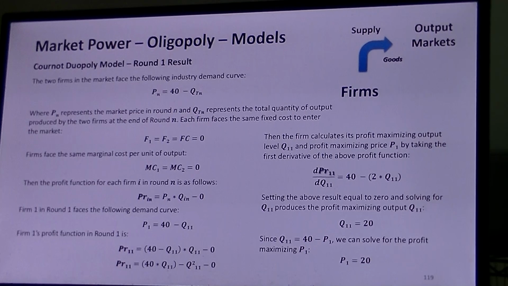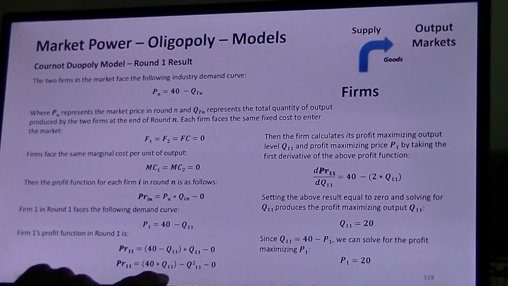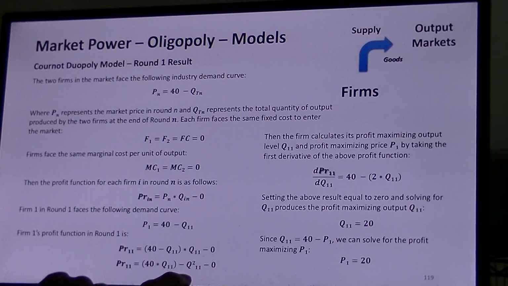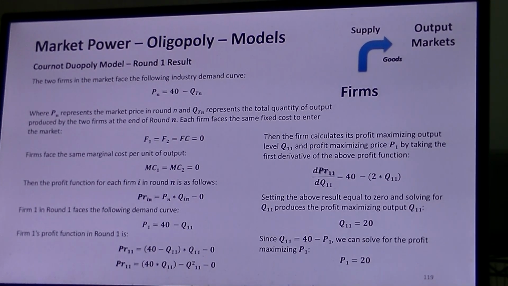It's a marginal cost of 0 to produce the good, and a fixed cost of 0 to enter the market. So that's firm 1's profit in round 1, and that works out to 40 times Q11 minus Q11 squared minus 0.